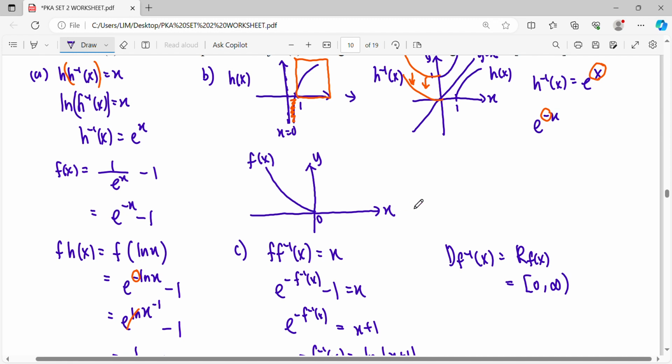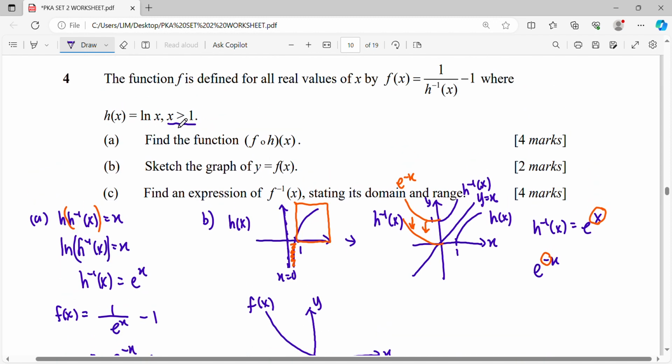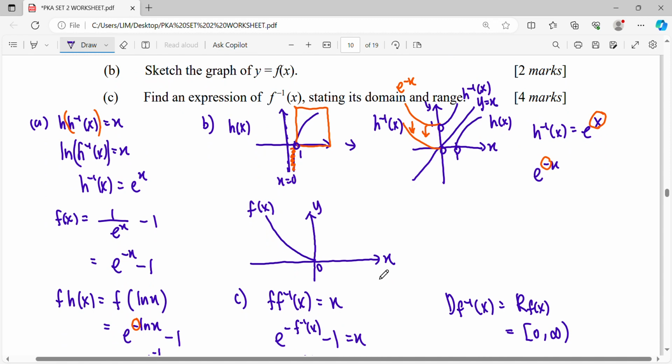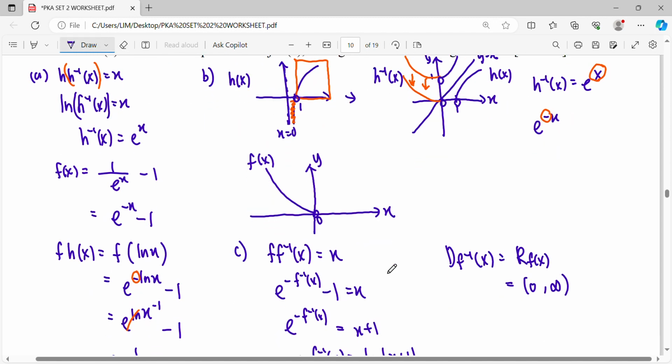Wait a minute, is 0 included? You have to identify it. Start from 1: 1 is not included. So when we reflect to h inverse, it is not included. When we transform to e^(-x), it is not included. So supposedly this point is not included. So 0 is not included, up to infinity.